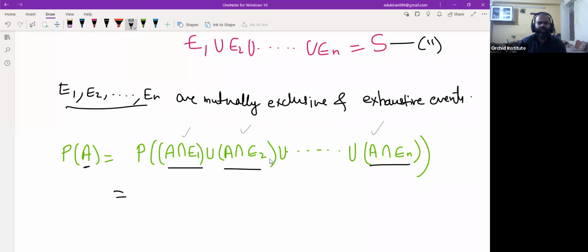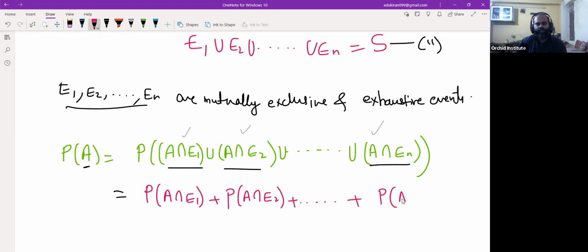Now, since E1, E2, En are mutually exclusive, these events, their intersections with A, are also mutually exclusive. So you can write it as P of A intersection E1 plus P of A intersection E2, so on, plus P of A intersection En. So union changes into addition.